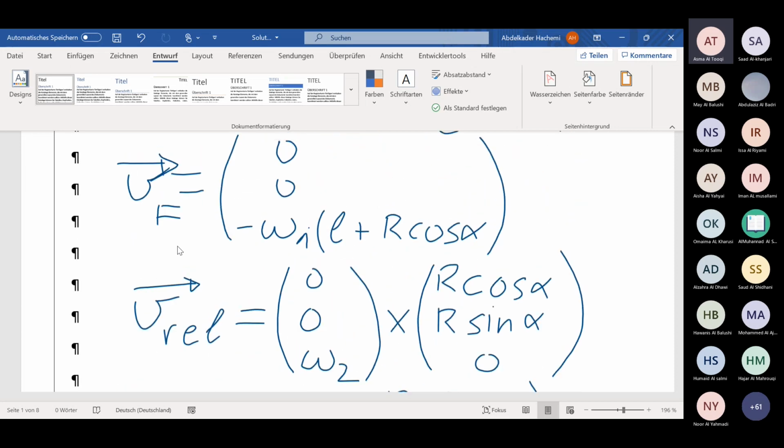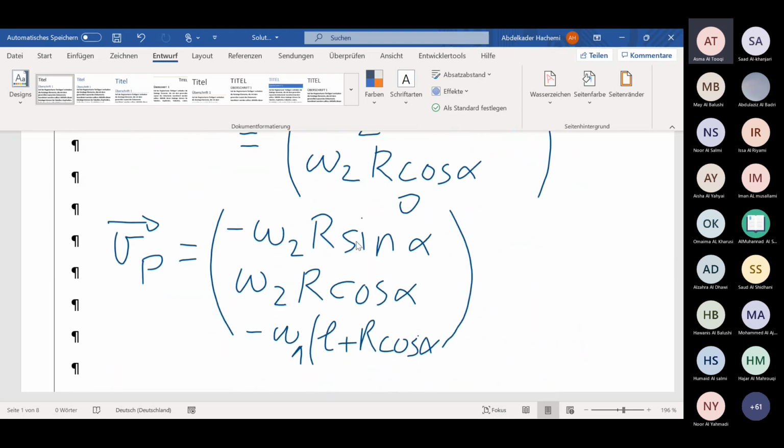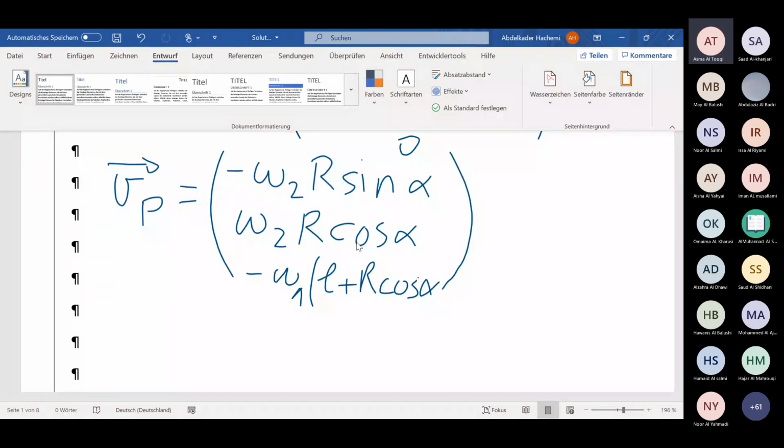That means we have only the sum of Vf, the frame velocity, plus the relative velocity, and we have only to add the first term with the first term from this one, second with the second, and the third with the third. Okay, then we get the velocity of Vp.